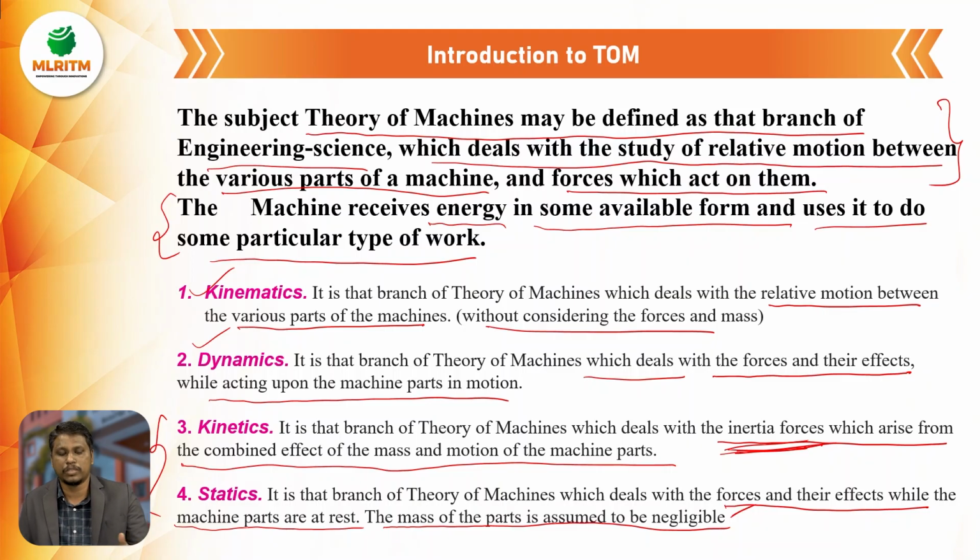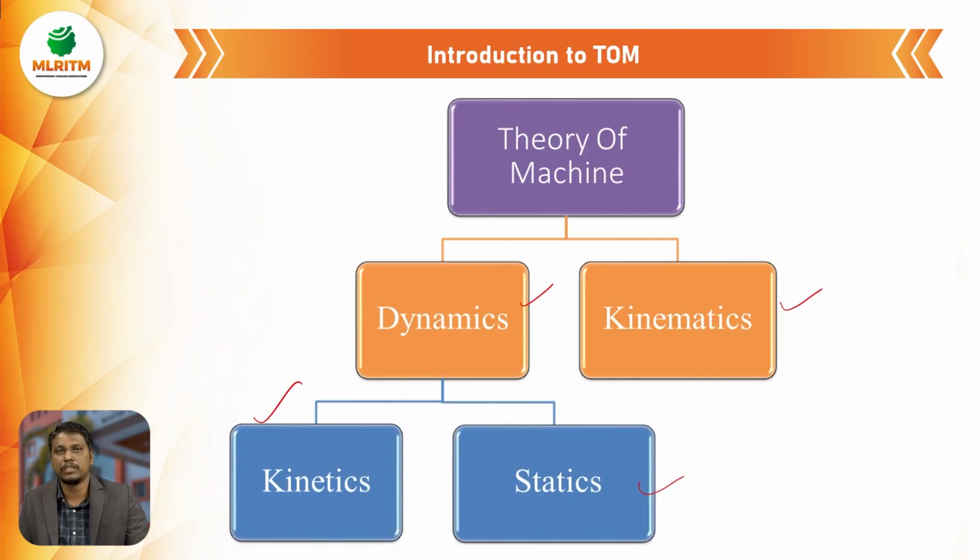Once again I am recollecting. The theory of machine is divided into two different categories: one is kinematics, another one is dynamics. Then again dynamics is classified into two different categories: one is kinetics and another one is statics. Already we have seen the definition of the theory of machine, dynamics and kinematics.